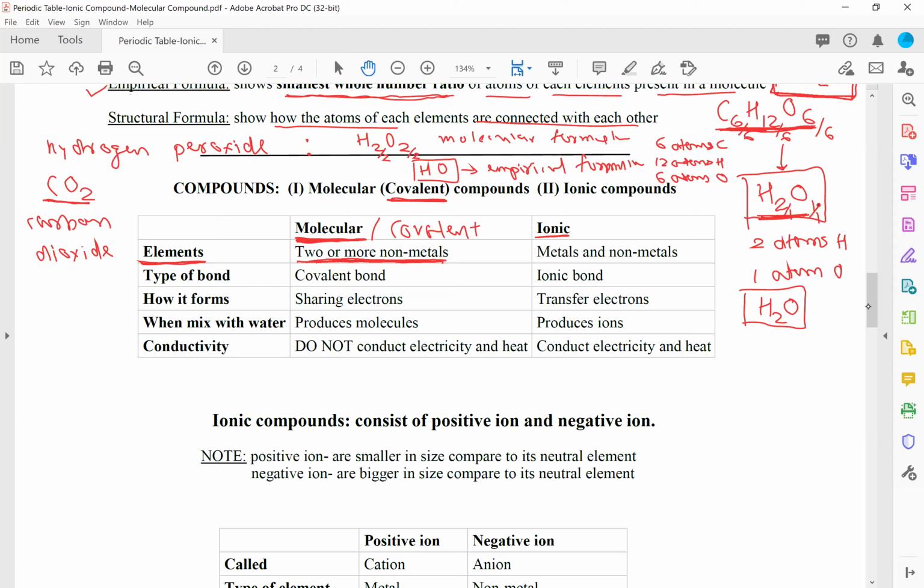Let me ask you about this. If I give you this example, CO2, look at the periodic table, find out where carbon is, find out where oxygen is, and let me know, is it a molecular compound or not? I'm not talking about ionic right now. Is it molecular or not?